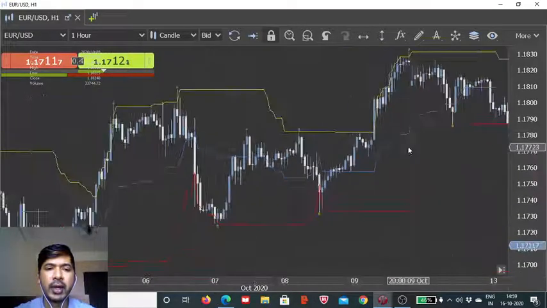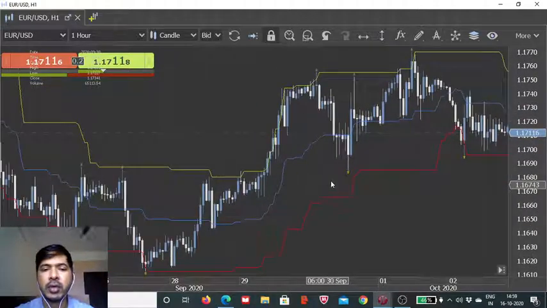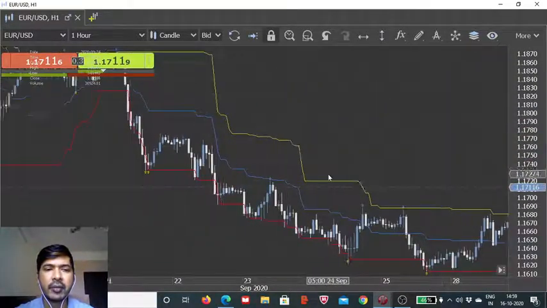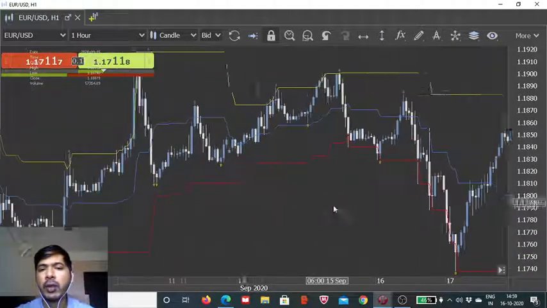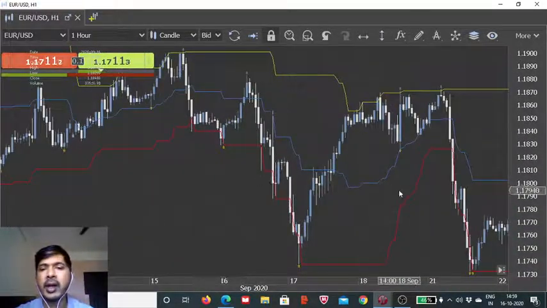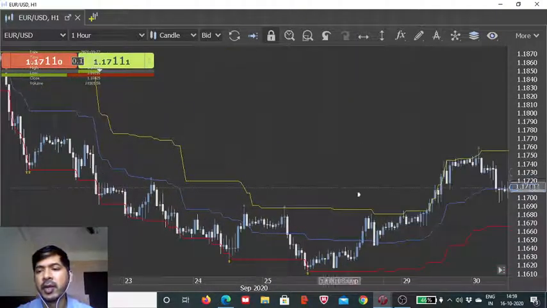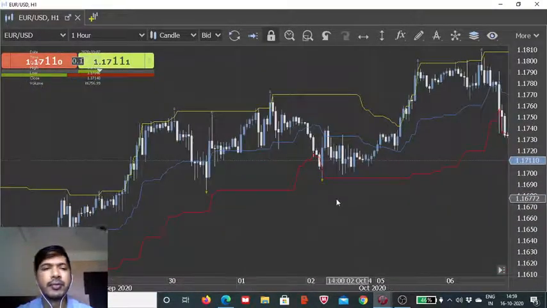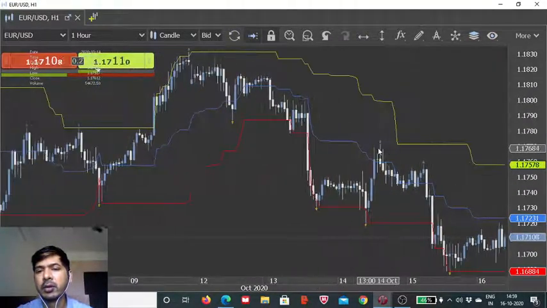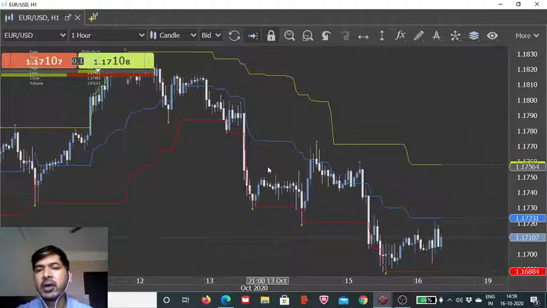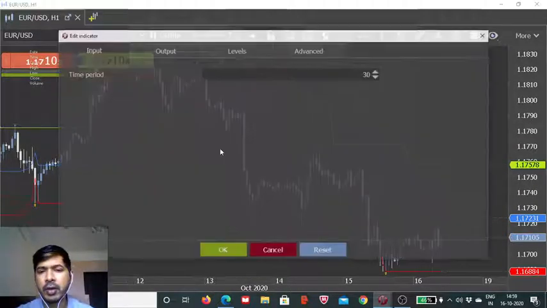And if we go back in time, here also you will see a lot fewer fluctuations, and this channel seems to have provided an excellent idea whether the trend is on the bullish side or on the bearish side. Now if we want to customize this indicator further, all we have to do is take the appropriate value as per our requirement.